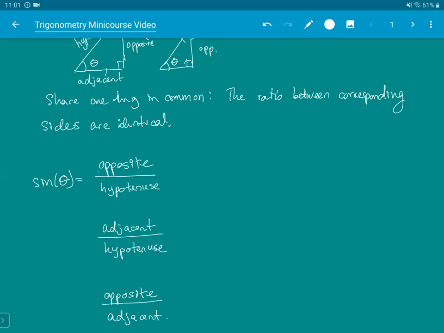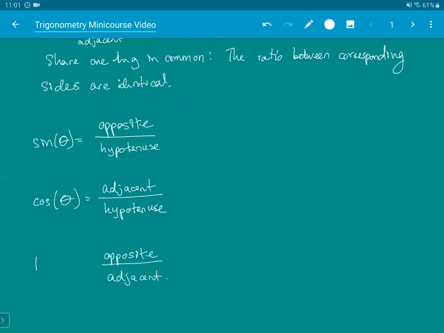So we call the ratio opposite over hypotenuse sine of theta, the ratio of adjacent over hypotenuse cosine of theta, and the ratio opposite over adjacent tangent of theta. These are the three trig ratios, and because they vary based on the angle, they're functions of an angle.